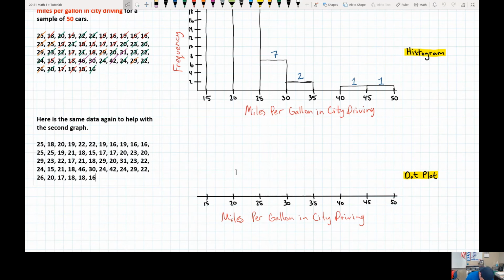All right, and so we have 1 and 2 values at 15. So we're going to mark those as little dots. All right, and we'll go to 16 and count up all those. We have 1, 2, 3, 4. I think that's it.